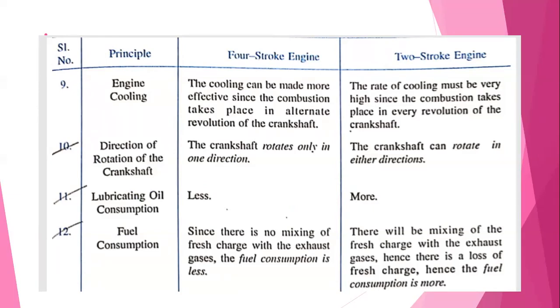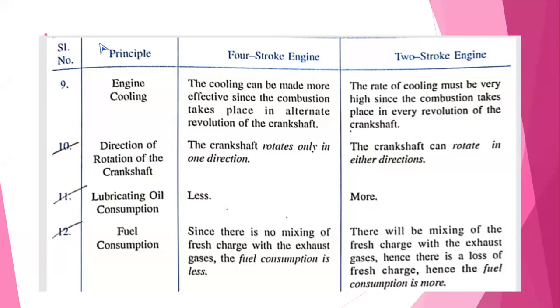This difference is very essential for differentiating two-stroke and four-stroke engines. The consumption of lubricating oil in a four-stroke engine is less because the movement of the piston is slower, and for that reason the lubricating oil consumption is less.